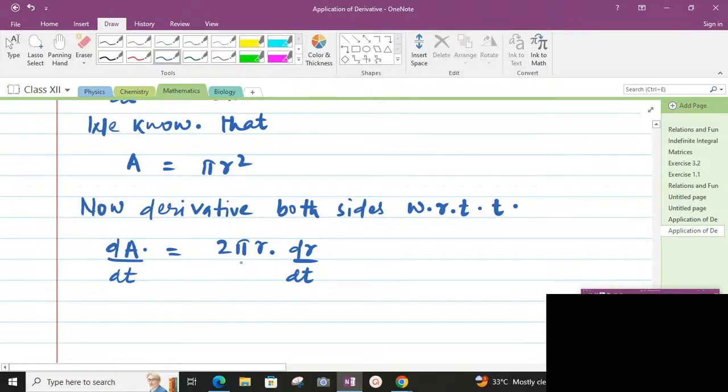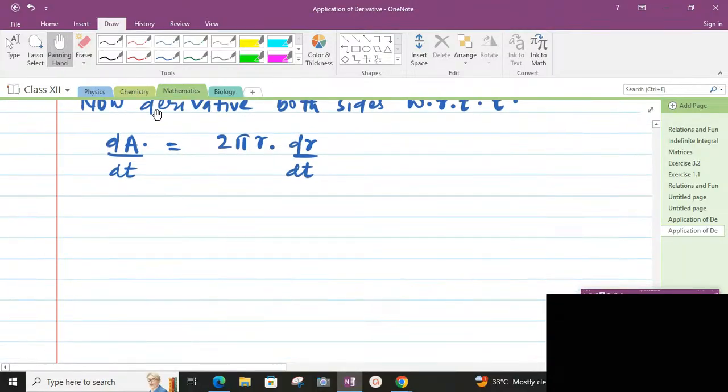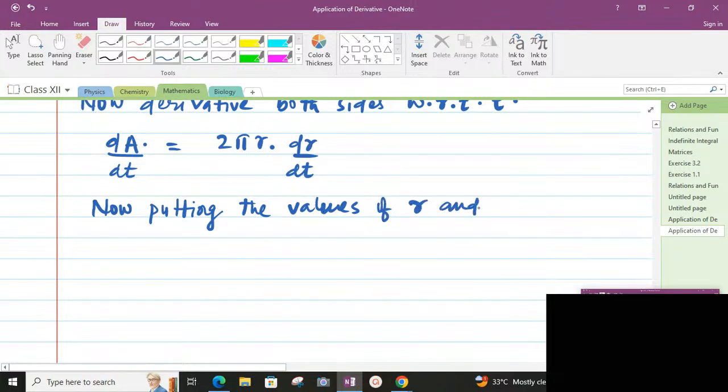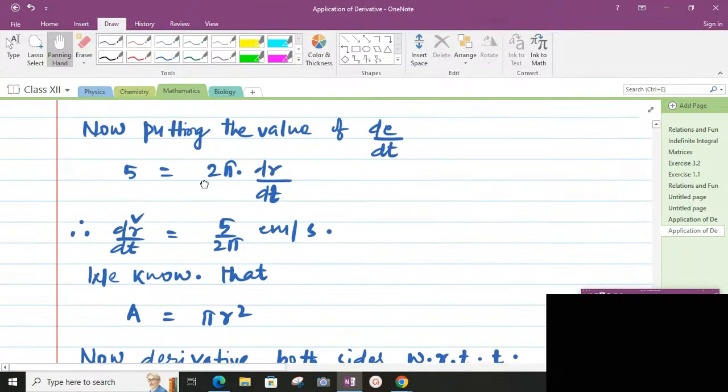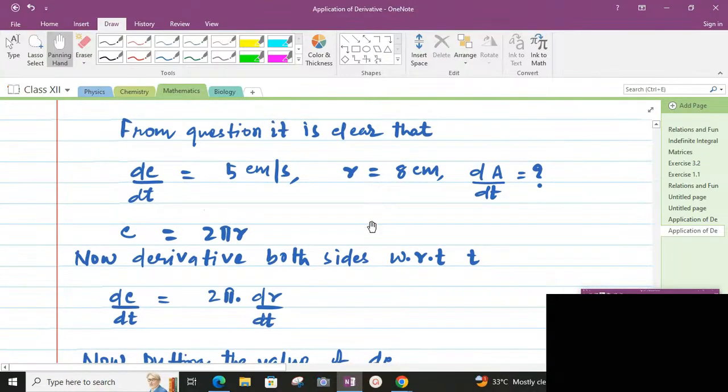Now putting the values of r and dr by dt, here will be dA by dt equal to 2 into pi, and the value of r is, let's see here, 10 centimeter, and the value of r is 8 centimeter.